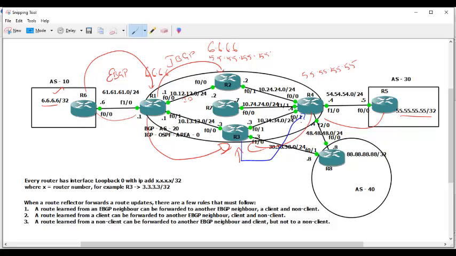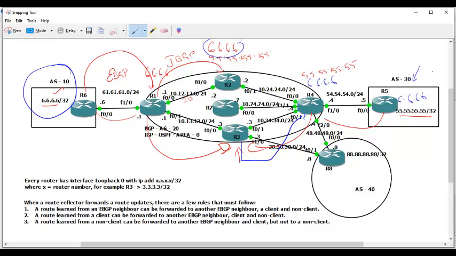When I do that, that 6.6.6.6, which is also in R3, will come to router 4. And router 4 will give it to router 5. So now you can see a network from autonomous system 10 is reflecting in autonomous system 30.